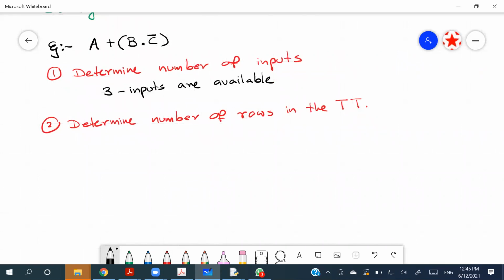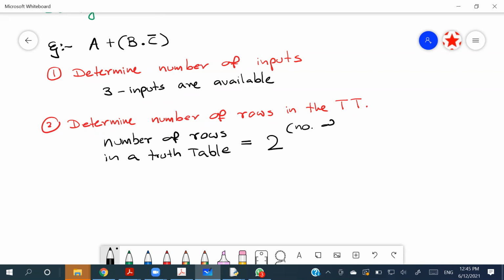So we can determine this by this particular equation. Number of rows in a truth table equals 2 to the power of the number of inputs, right?